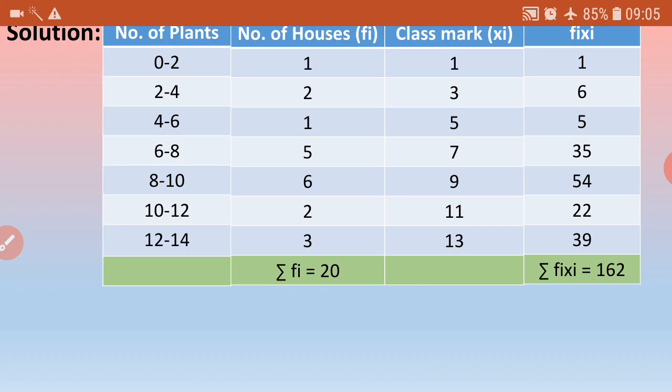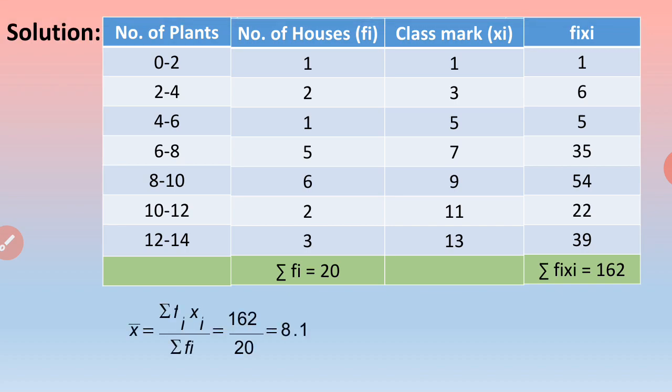We have also found sigma fi xi. Now, let's begin with the formula. The formula for mean is x bar, which is equal to sigma fi xi upon sigma fi, which is equal to 162 upon 20. Both the values are already found. It is equal to 8.1. Here the mean comes out to be 8.1.